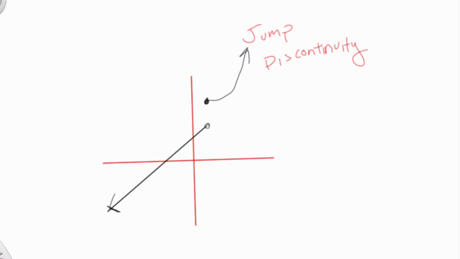And then the last one is going to be a limit of infinity discontinuity. It's probably something that you would expect. I'll just draw a function. There's an infinite amount of examples that we could have. But say I have some sort of asymptotic behavior here, and we'll just say that's a vertical line x equals 2.